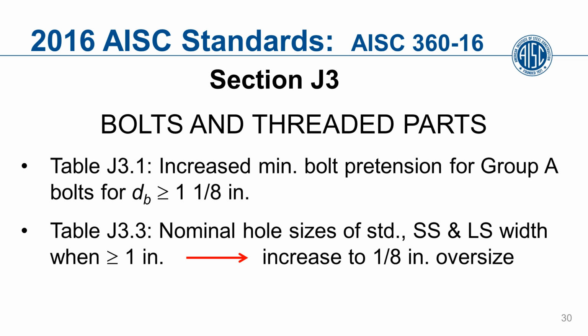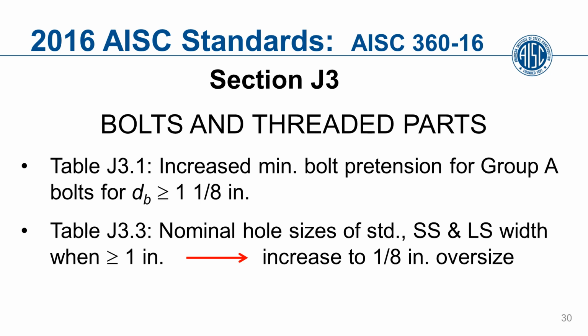That increased because what was discovered is that the old A325 and the F1852 standard that was originally being used for bolts said that bolts that were 1 1/8 and larger were made from 105 KSI material.